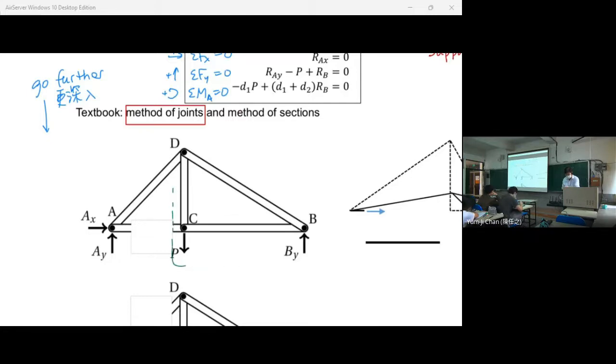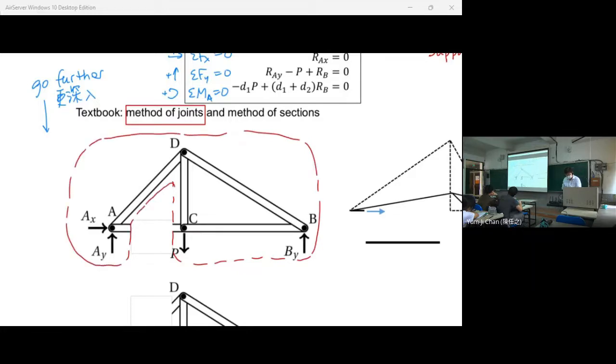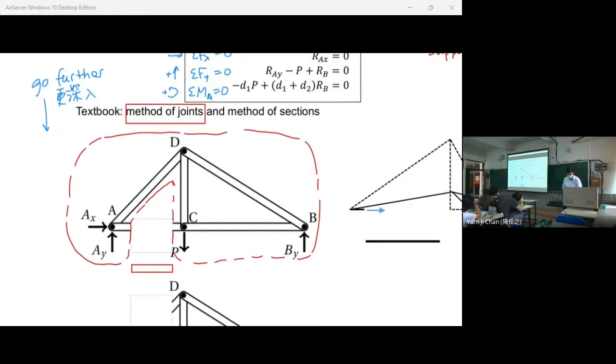We can cut any of the members. Now we cut AC, but we'll work on the others.